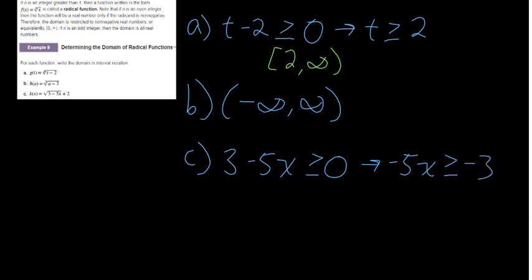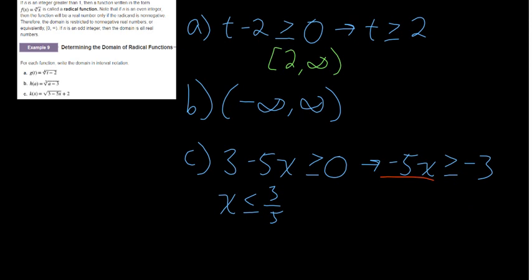And then if I divide both sides by negative 5, recall that you have to flip the sign. So it would be x is less than or equal to 3/5. Okay? And that's again me dividing both sides here by negative 5.